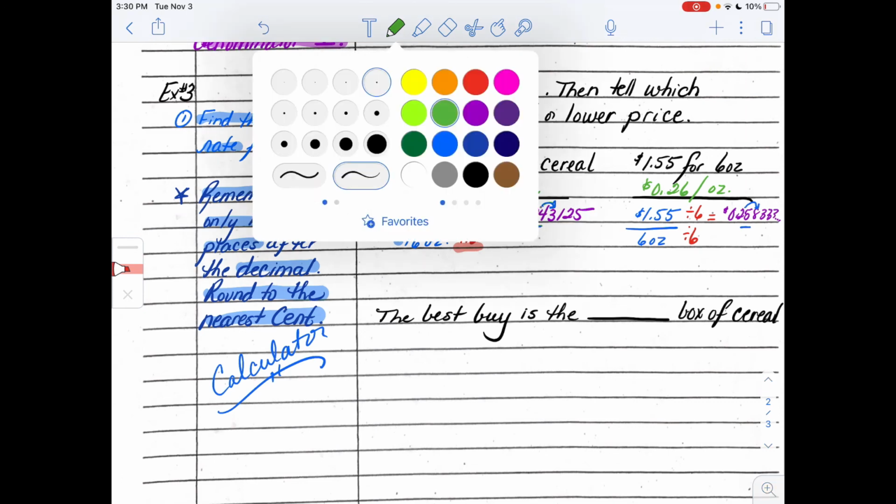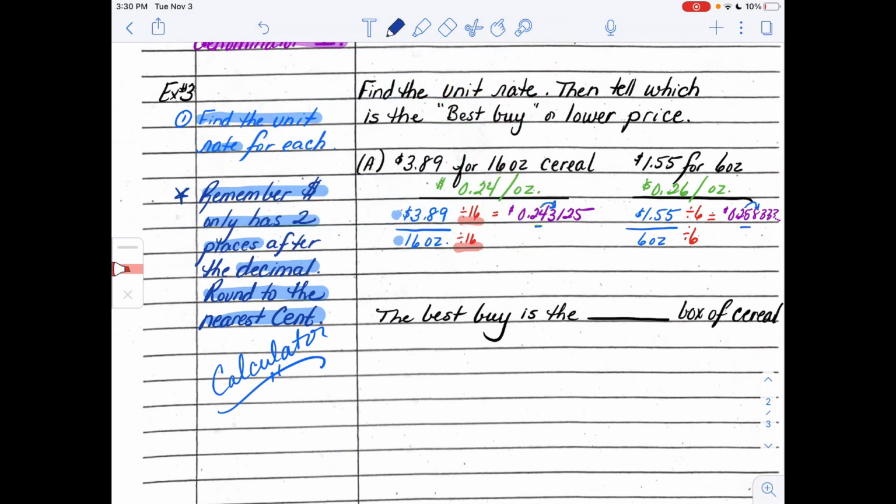So the best buy for me is not to buy the cheaper one. The best buy, which is exactly what we're trying to do, is to get the $1.55 box of cereal. Or you can write down the cost, or it's the 6 ounce box of cereal.